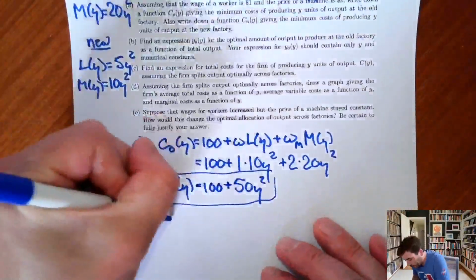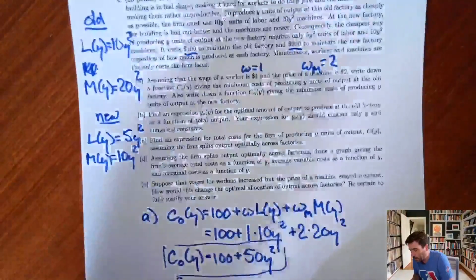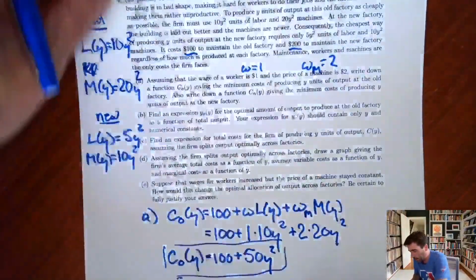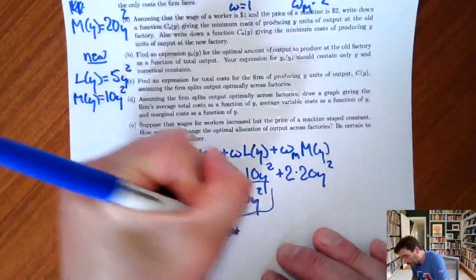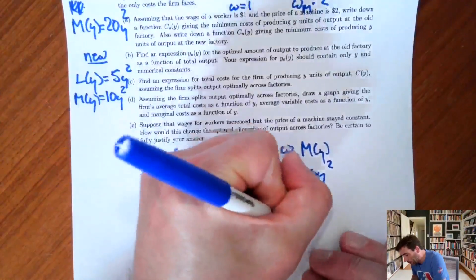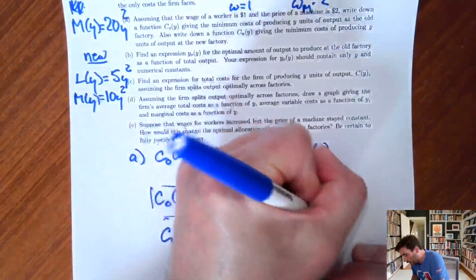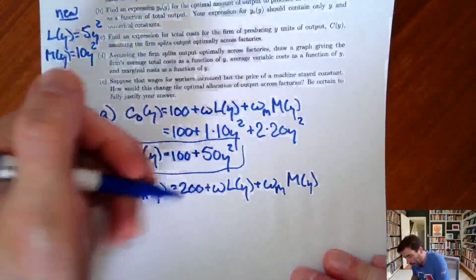Now we just need to do the same thing for our new factory. So C_n(Y), we look back up, we had our fixed cost of 200 at the new factory. So there's my 200 plus W L(Y) plus W_M M(Y). All right, now it's just a matter of plugging in.